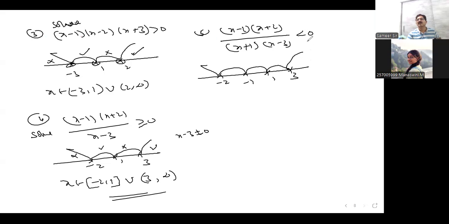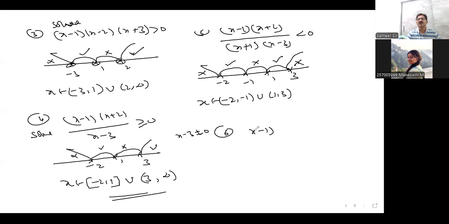Less than is there. Greater than is there means we started with yes. Less than is there means we are supposed to start with no. No followed by yes, followed by no, followed by yes, followed by no. So what is the answer? X belongs to minus 2 to minus 1, union 1 to 3. Like this way so that it is very clear.